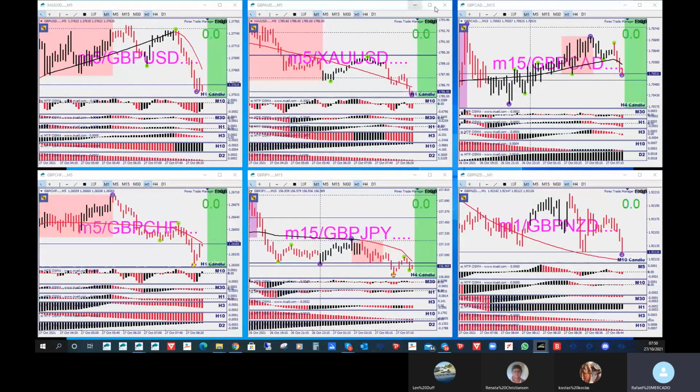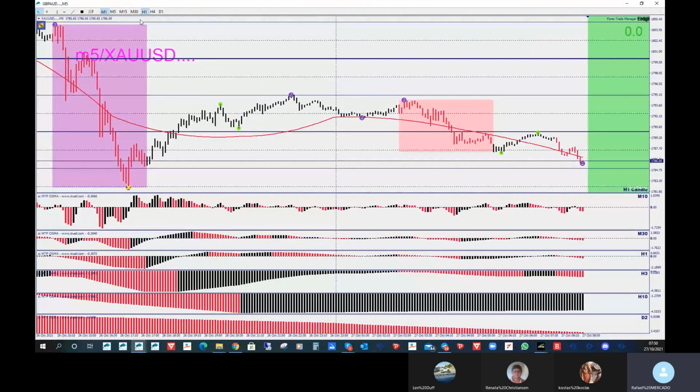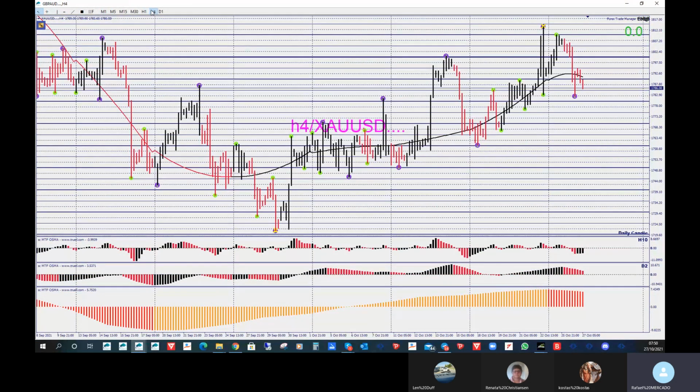And then if I go with a big analysis, I'm going to the 4 hour. This is Santiago's template, and he's going to say that gold has a two-ball retracement at this point, and he has a blue H10.